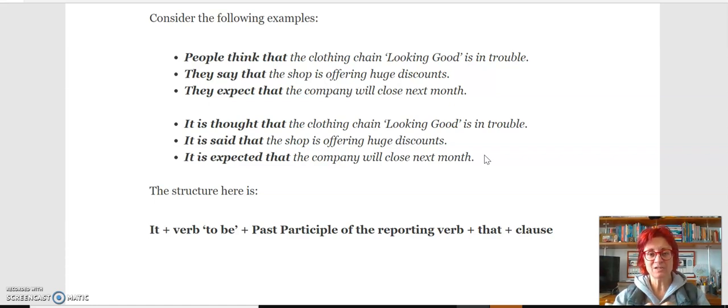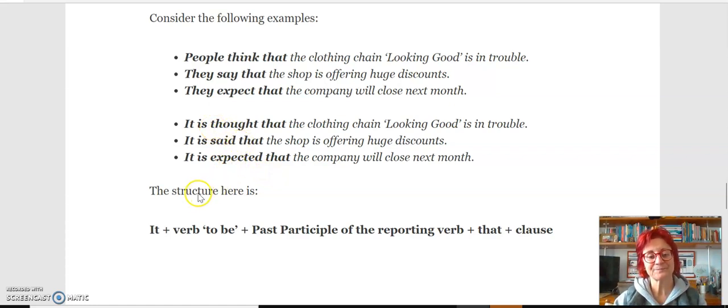Because we are a journalist, we don't want to be subjective, and the way to show everybody that we want to be objective and put a distance between the fact and my opinion is to make it more objective and use this structure. Se piensa, se dice, se espera que.